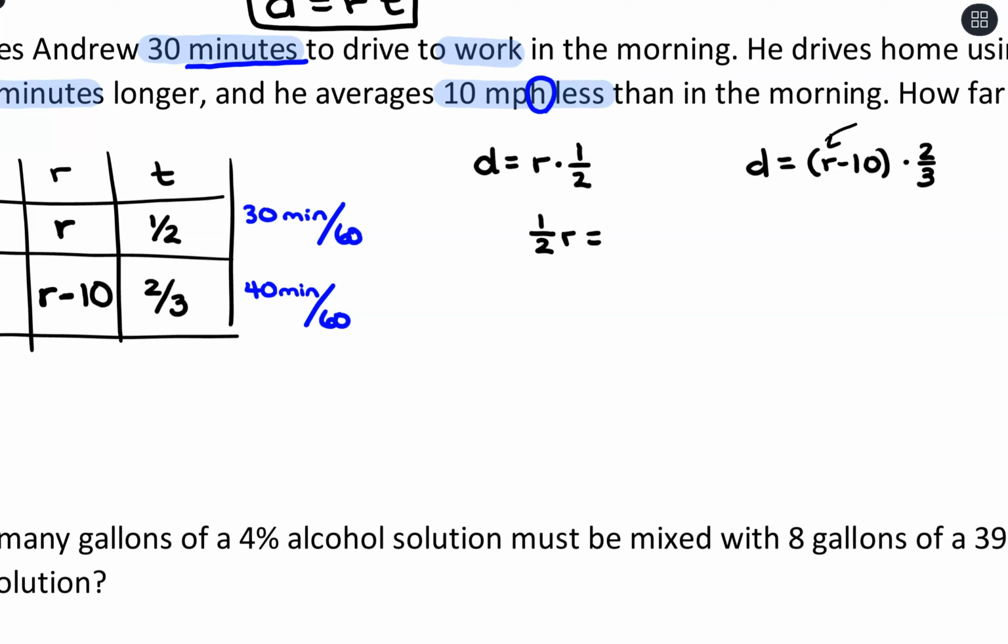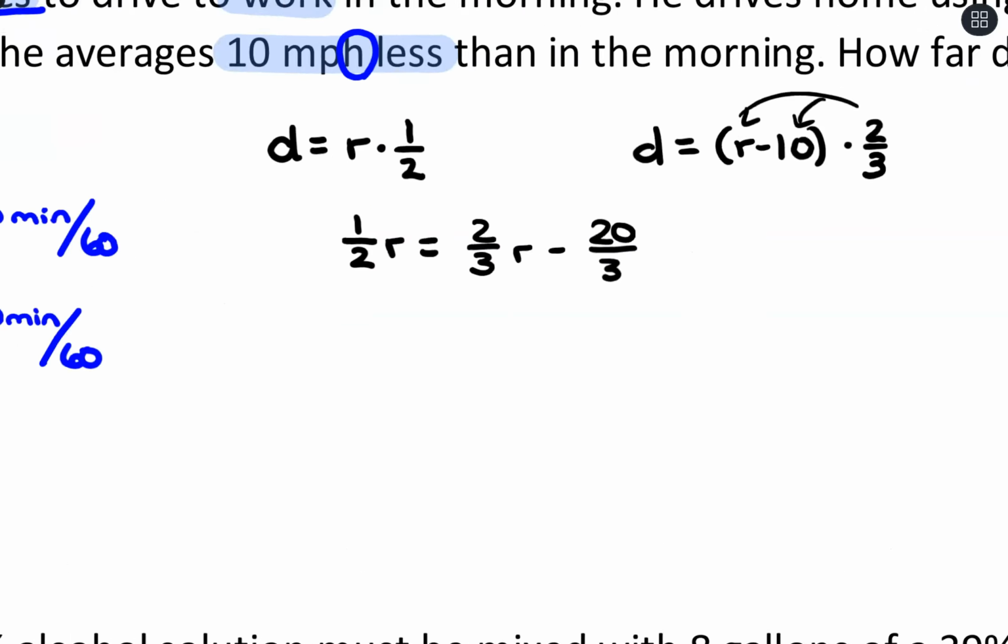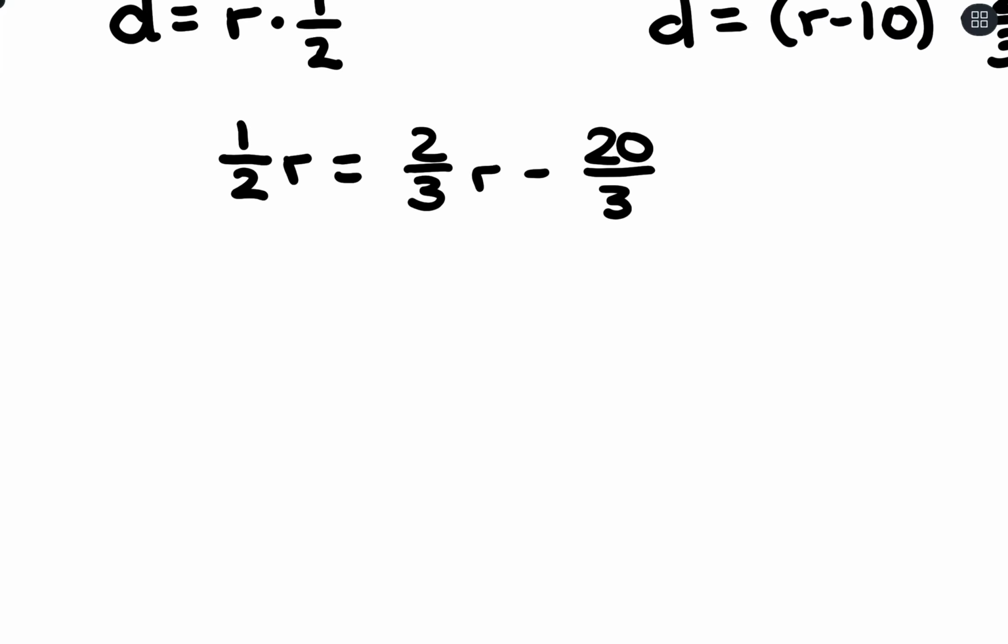I'm going to go ahead and distribute in. So that would be 2/3 r minus 20/3. All right. From there, I have all these fractions, so I'm going to go ahead and multiply everything by the least common denominator of 6.